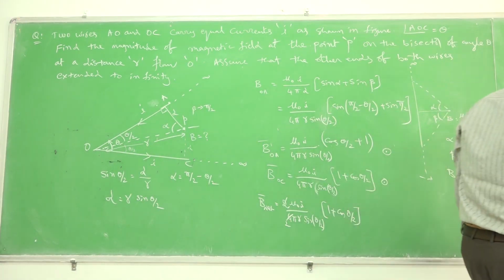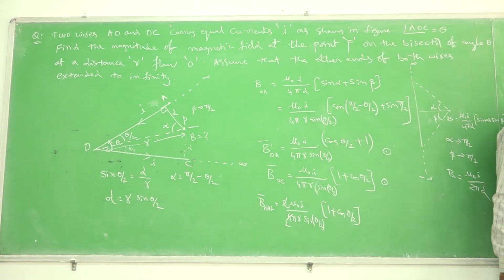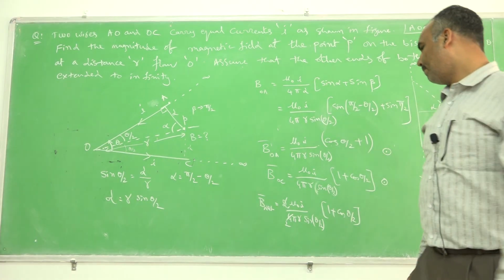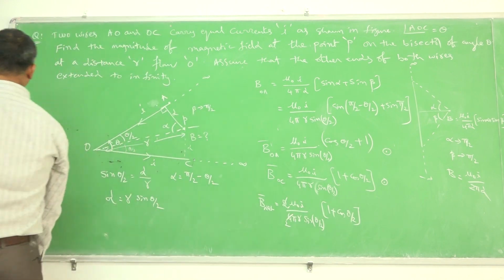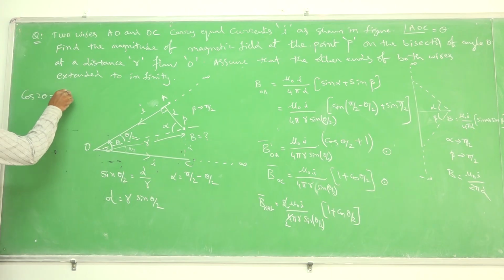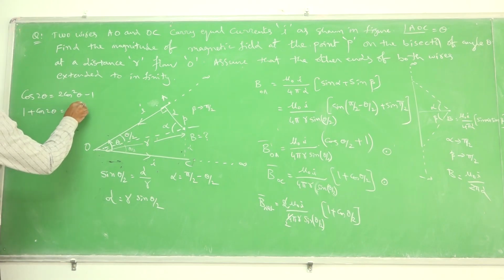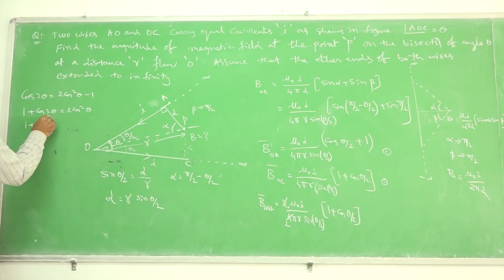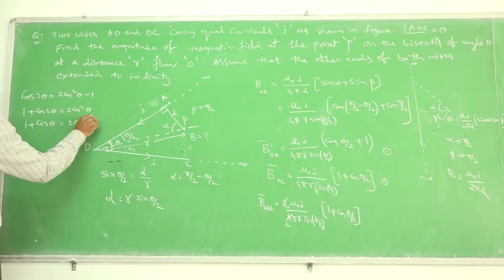If you want to further simplify this, cos 2 theta is 2 cos square theta minus 1. So 1 plus cos 2 theta is 2 cos square theta. 1 plus cos theta is 2 cos square theta by 2.